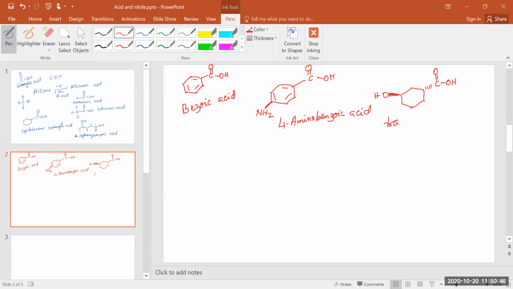So this will be called trans 4-hydroxy cyclohexane carboxylic acid. So this is the brief nomenclature. Do the examples, and do practice for this.